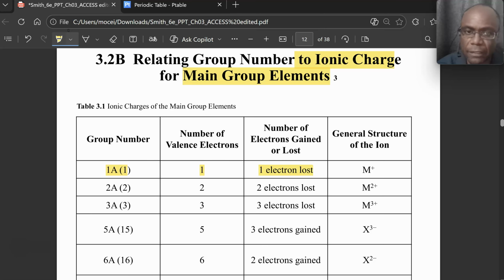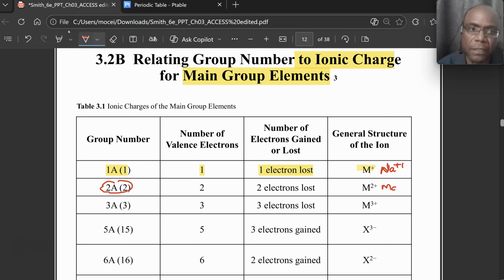It loses the 1 electron because group 1A elements are metals, to get M plus 1. That's why elements like sodium will form Na plus 1 and they're found in group 1. Same thing, main group 2 elements including magnesium, which forms a charge of 2 plus.